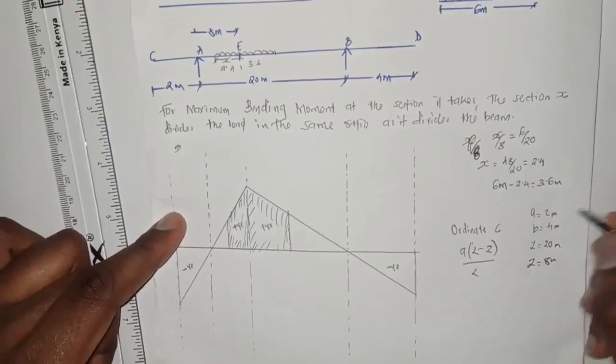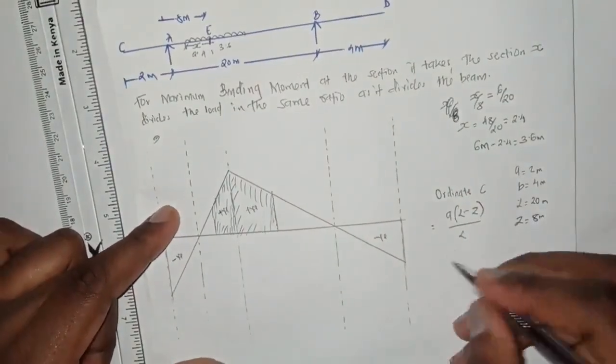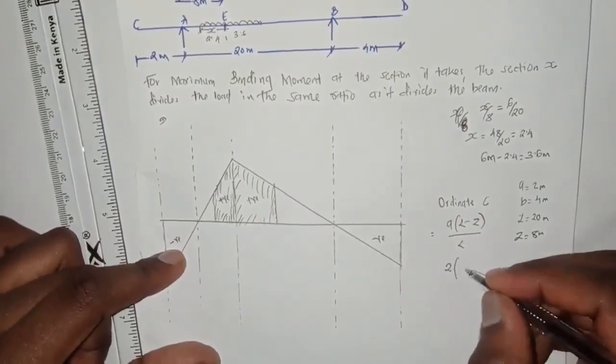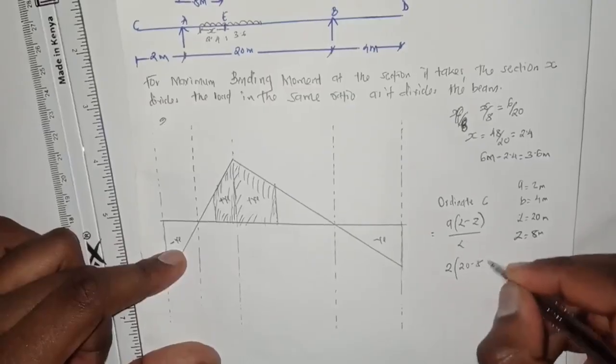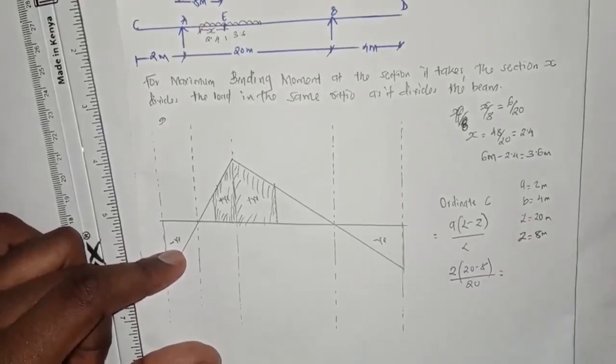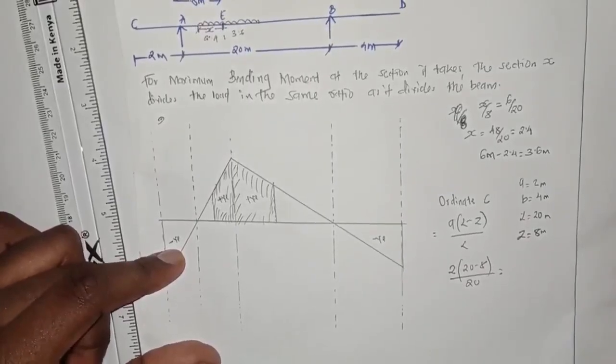All these are in meters. So at point C, it is 2 into 20 minus 8 all over 20. And when you calculate all of that, we are going to find 1.2.